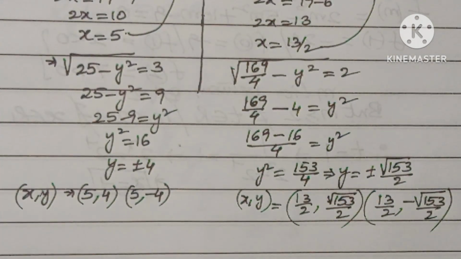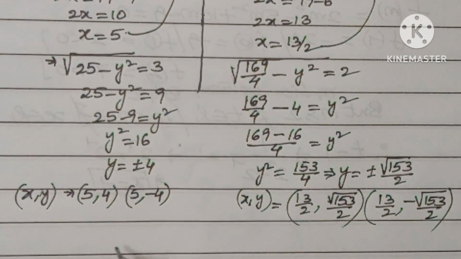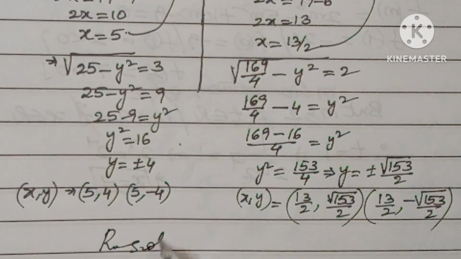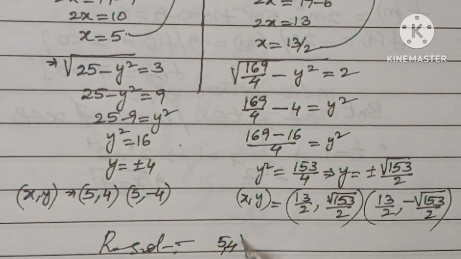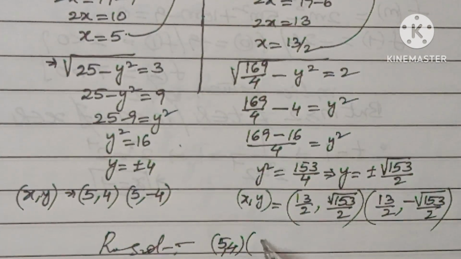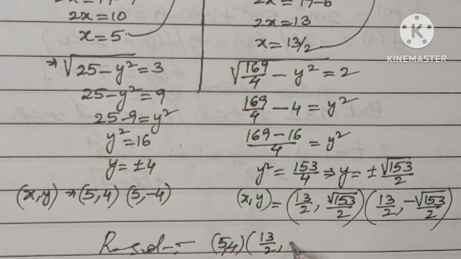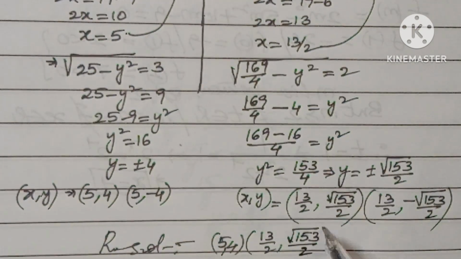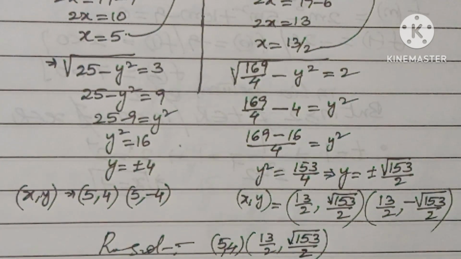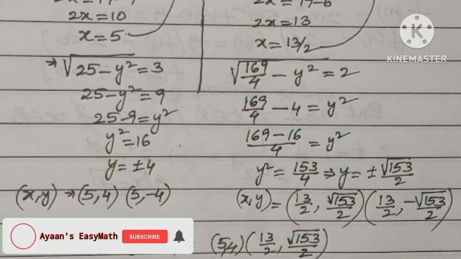So here not all the values satisfy the equation. The solution we are getting is 5 comma 4 and 13 by 2 comma √153 by 2 satisfy the equation. I hope this information is valuable for you.